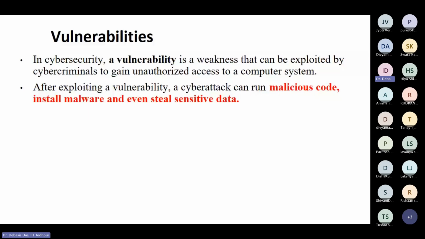So if you open the site, there is a possibility that some images or malicious code, some malware, is installed in your system. Sometimes you install some software, and some other software is installed automatically in parallel. That software is sometimes malicious code.